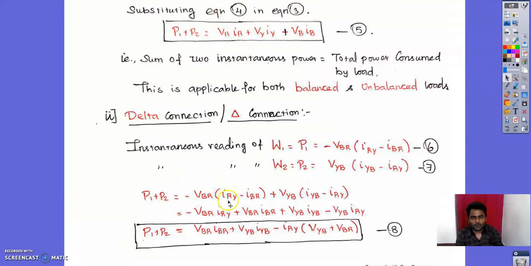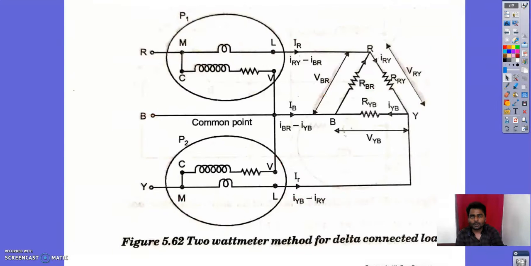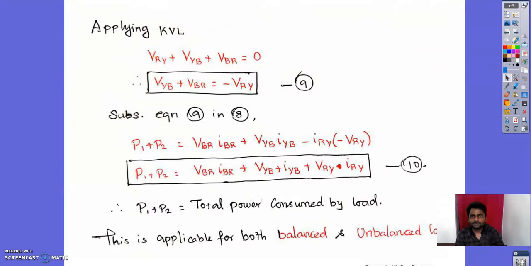So adding these two powers, by solving this, we are going to add these two equations. Finally, we get VBR into IBR plus VYB into IYB minus IRY into VYB plus VBR. So now we are going to use Kirchhoff's voltage law.